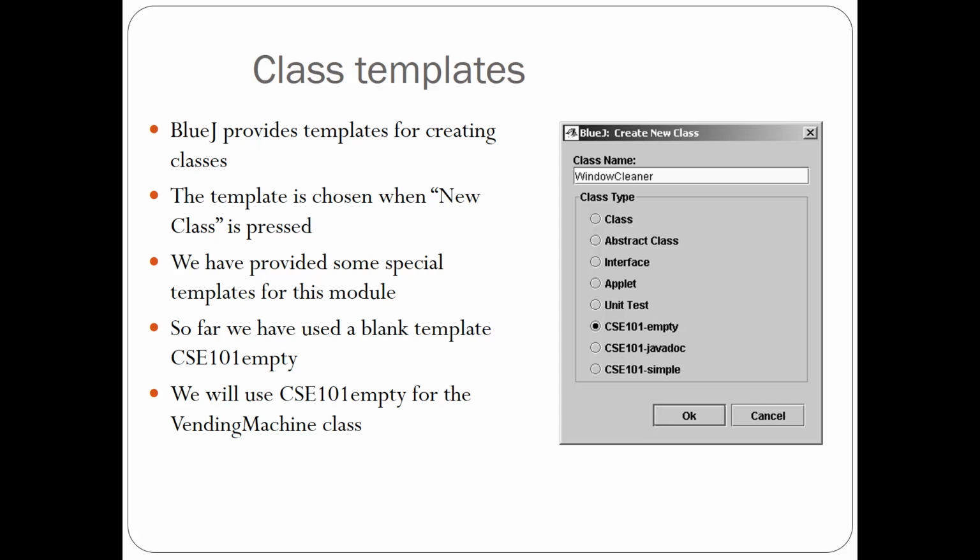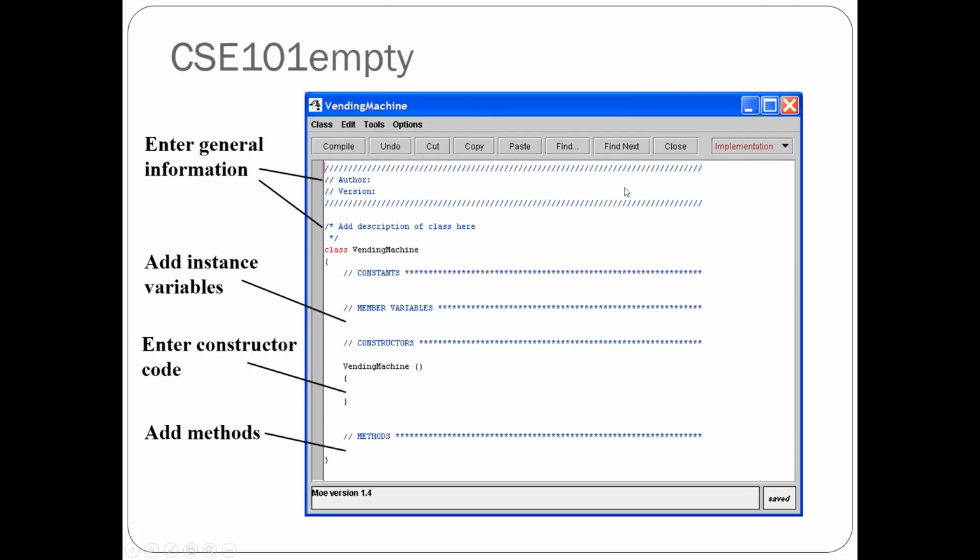It's basically a small empty template class that you can pick, which has some placeholders ready for things like instance variables and methods and constructors. You don't have to use it. It is slightly easier to use than the standard class selector, it's a little easier to fathom things out, it gives you a bit more room to put your own things in, and it saves you deleting a lot of stuff that some of the other templates have in there.